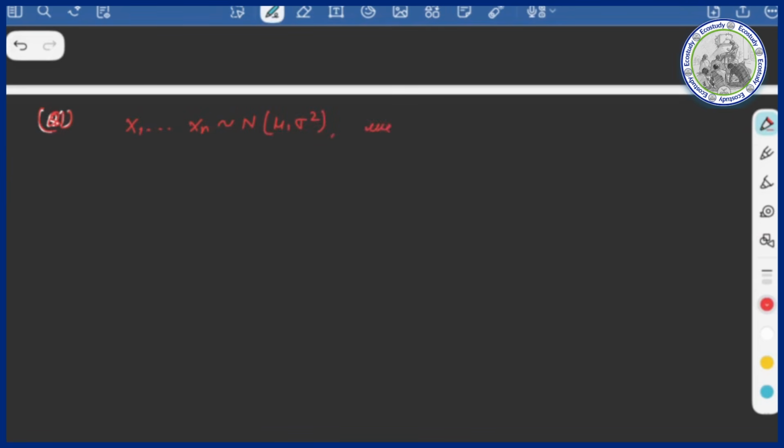We have to find the MLE of mu when sigma square is known, then sigma square when mu is known, and the third, we have to find both sigma square and mu.